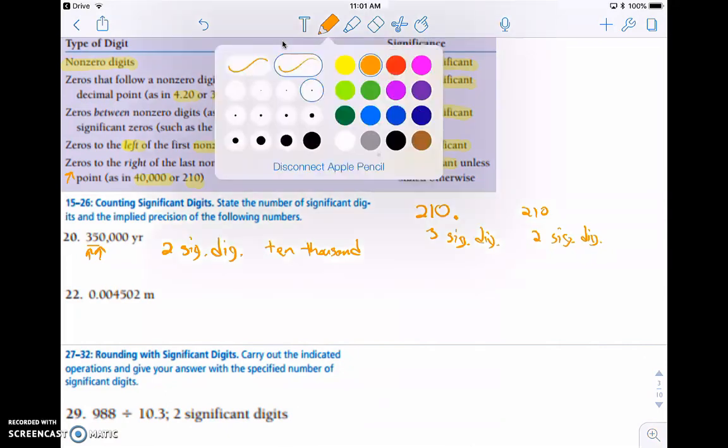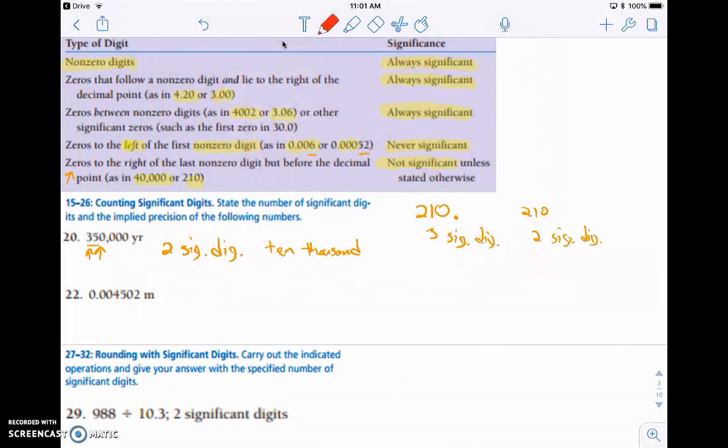Okay, number 22, we have 0.004502, so all 4 of these are going to be significant. Again, this 0 is significant because it is between 2 non-zero digits, so that's this rule right here.